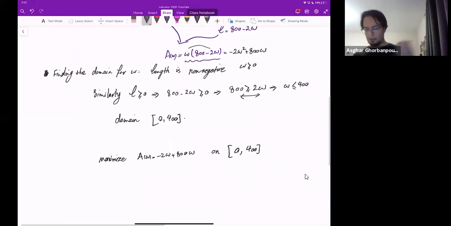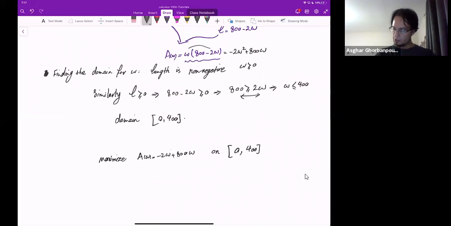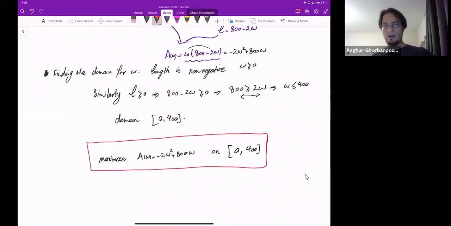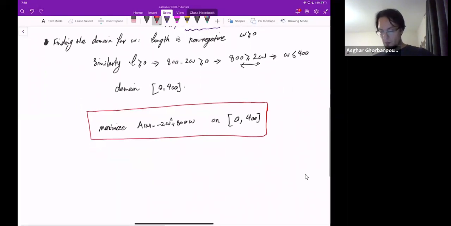That's what we are trying to do here. Well, there's a square there. And when you get to this point, that means that you are free of the wording. The problem is now completely mathematical. And maximize means that find the absolute max of this function on this interval.